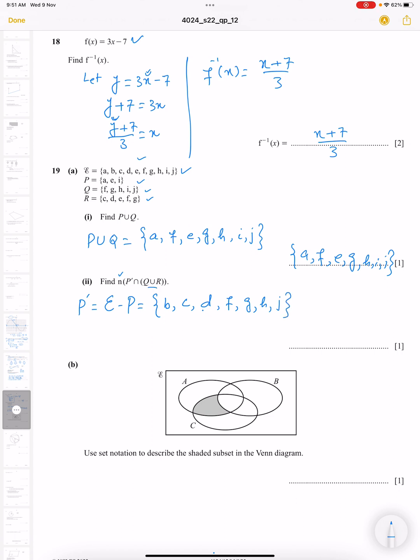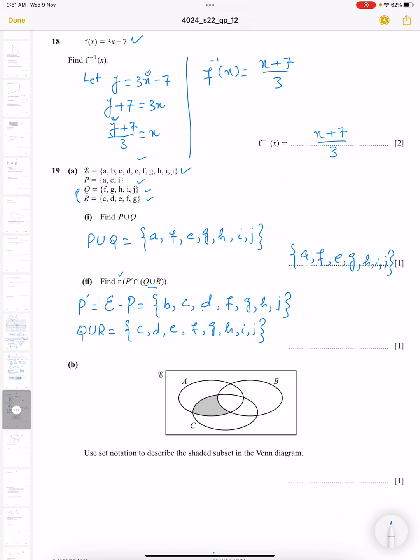Now let's talk about Q union R. Q union R means combined Q and R. These are Q and R. So that will be C, D, E, F, G, H, I, J.